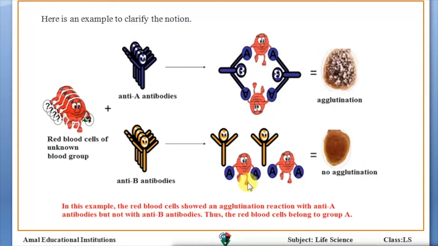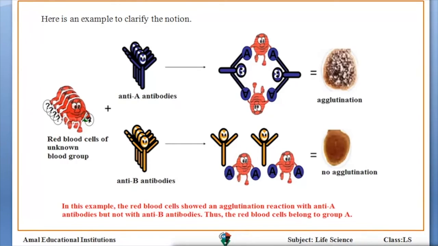That is, they did not bind to the anti-B antibody. This is going to tell you that these red blood cells do not have antigen B. If they had antigen B, binding would have occurred with the anti-B antibodies.